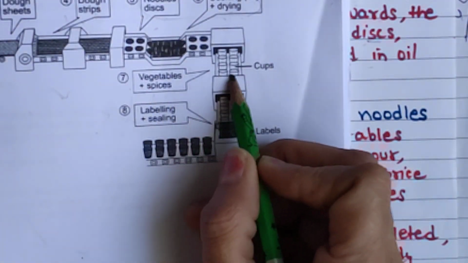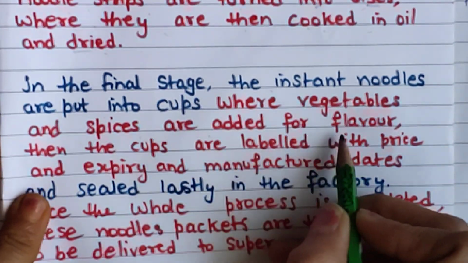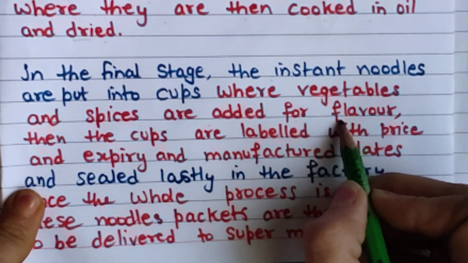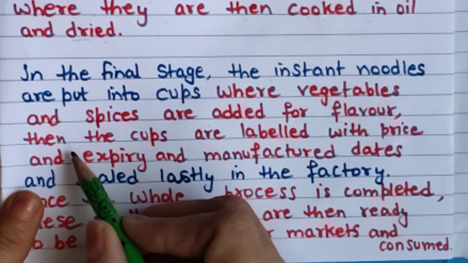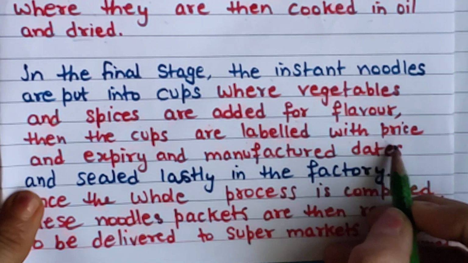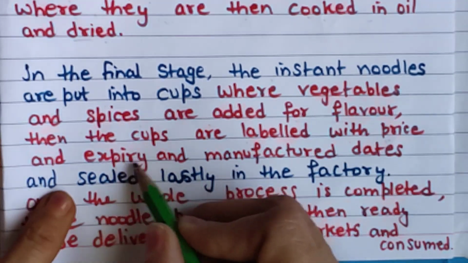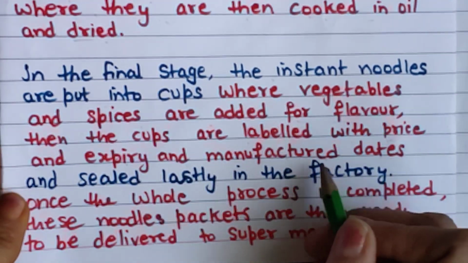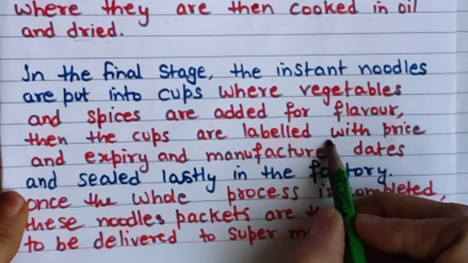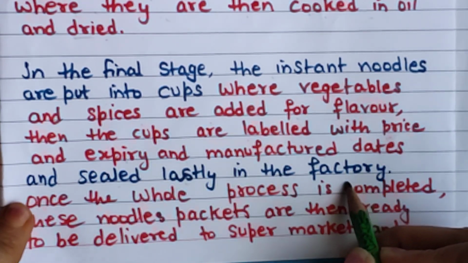Vegetables and spices are added into cups, are added for flavor. The word flavor we have just made ourselves. Then the cups are labeled with price. As you know, whenever we have packed food, price will be there, expiry and manufactured dates will be there. That's why I have written it, but it was not given in the chart. And sealed lastly in the factory.